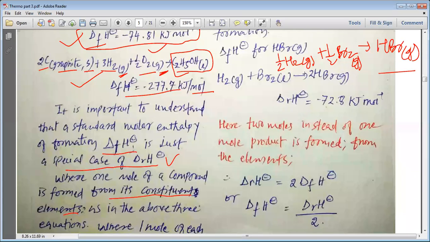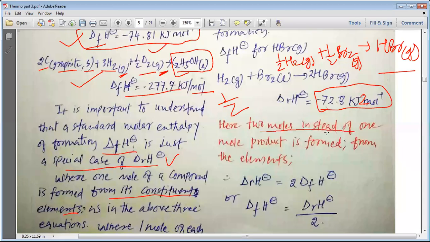So my dear students, what I simply mean to say is that this energy has to be multiplied by 1/2. Here we cannot write it as kilojoule per mole, because it is kilojoule per 2 moles. So we need to divide this energy.